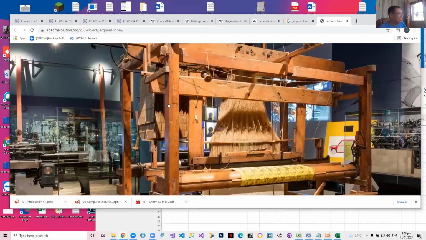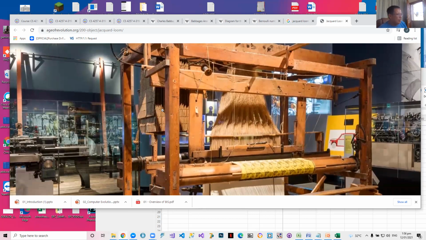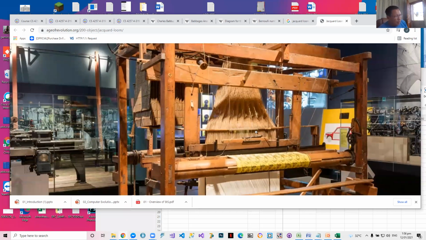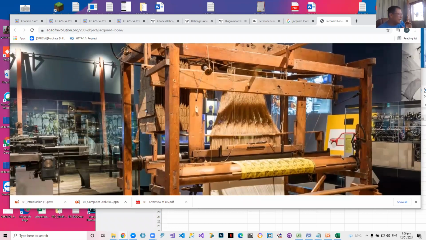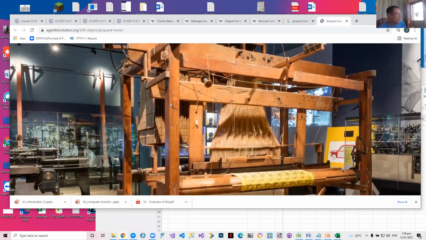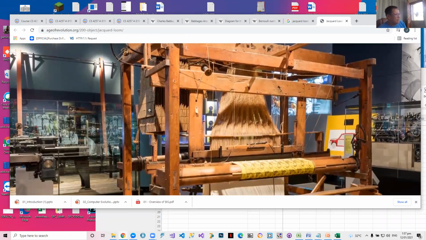There are cards on the side. They're sent individually to the machine, and the cards have designated holes. Kung saan dadaan yung looms, they will pass through the holes of the cards, and the process of passing looms through the holes of the cards will create a particular fabric design.